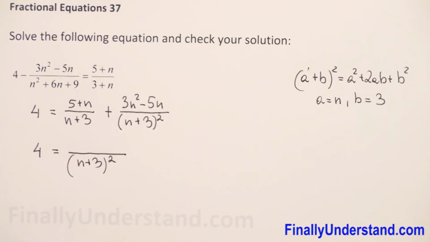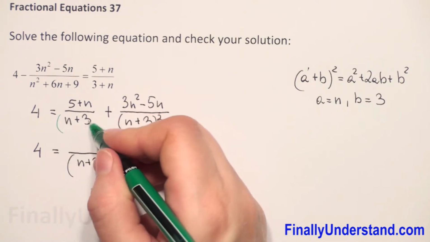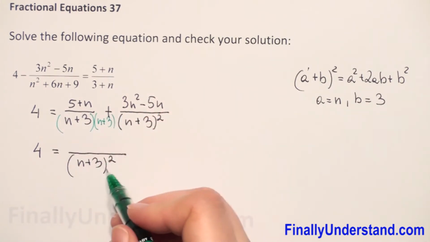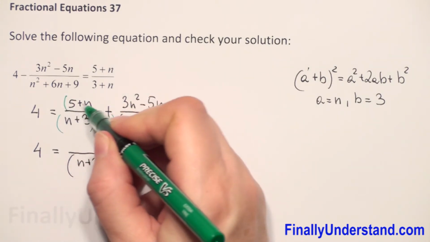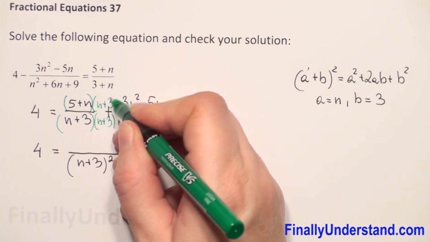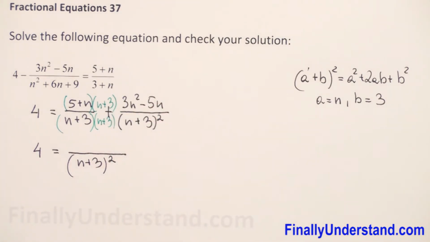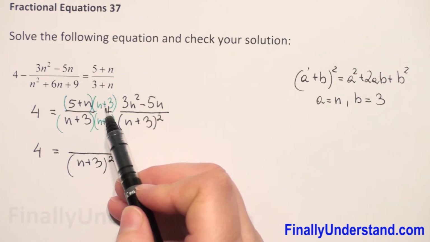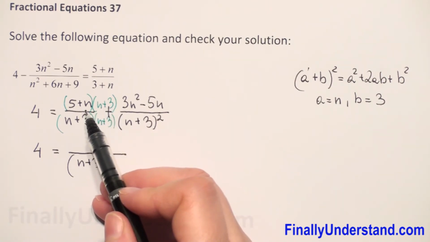So in the first fraction we have only n plus 3, so I need to multiply times n plus 3 to get n plus 3 to the second power. Whatever I did with the denominator, I have to do the same with the numerator. So now we will have 5 plus n times n plus 3 in the numerator.